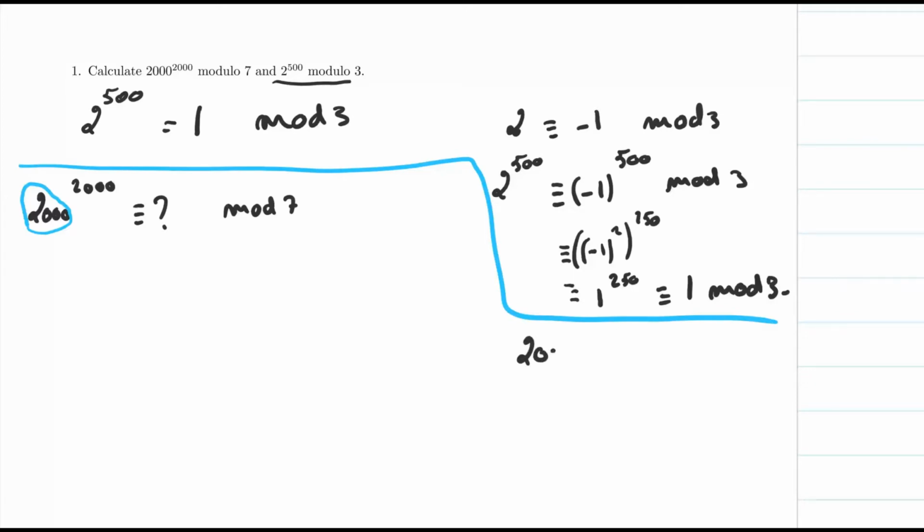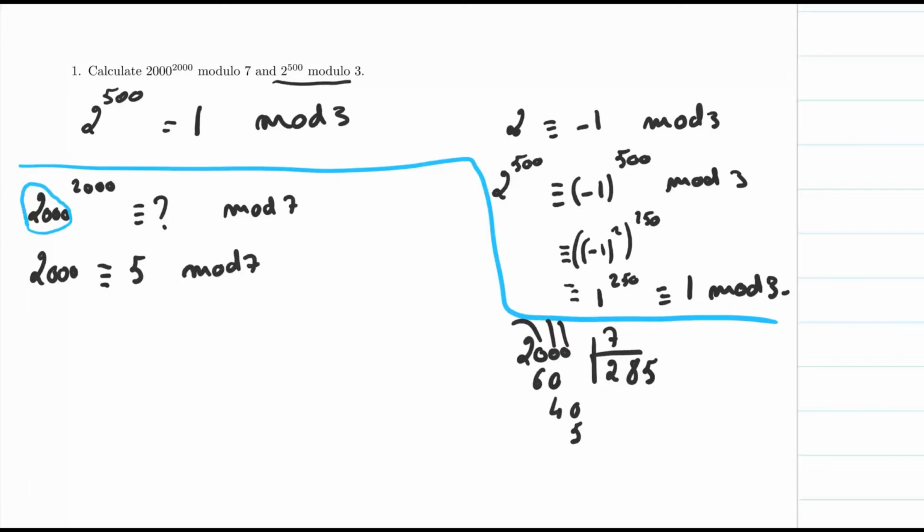If I divide 2000 by 7, I get 2 with a remainder of 6, 8 with a remainder of 4, 45, 35 with a remainder of 5. So the remainder is 5. When I divide 2000 by 7, the remainder is 5.